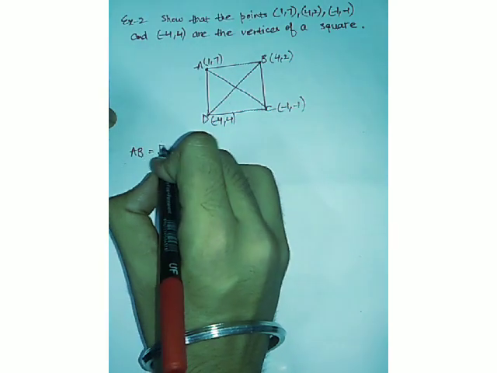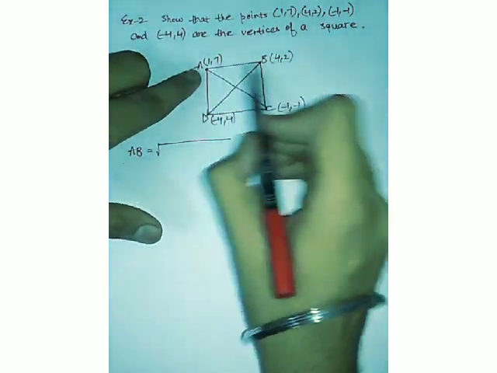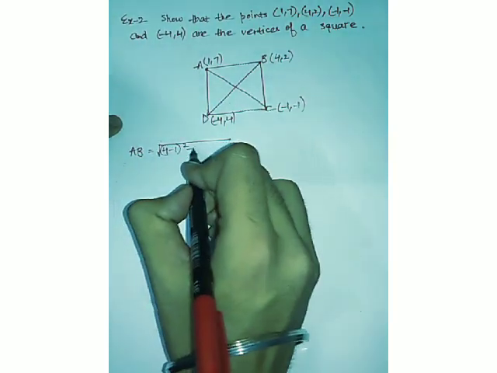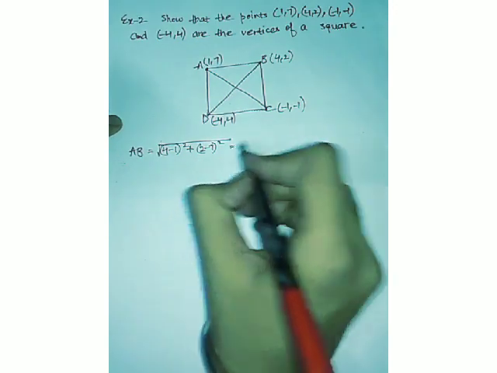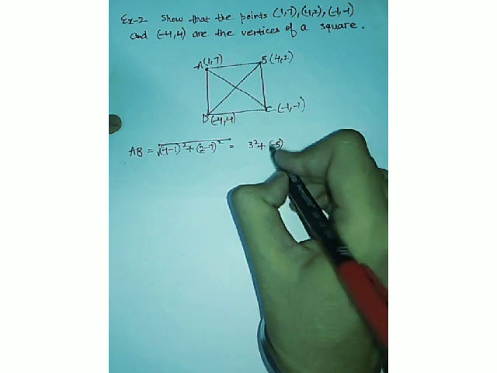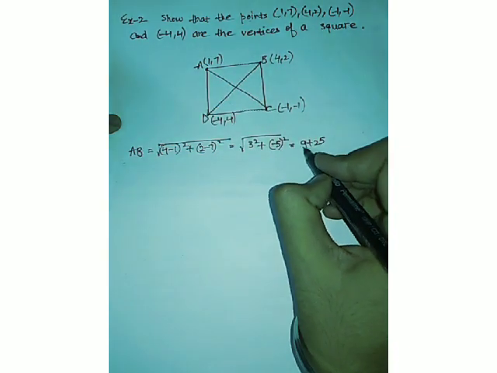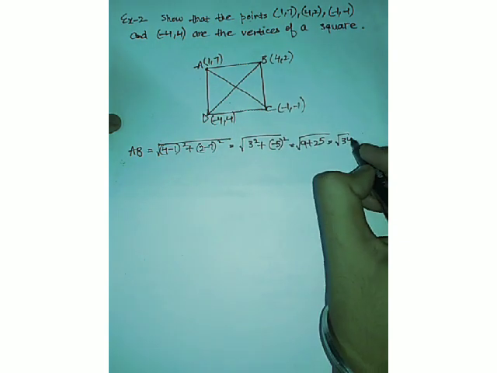Firstly AB, root, what was the formula? X2 minus x1 whole square. So AB, x2 is 4, x1 is 1, 4 minus 1 whole square plus 2 minus 7 whole square. Alright, that is 3 square plus minus 5 square, that is 9 plus 25. What is 9 plus 25? That is 34.